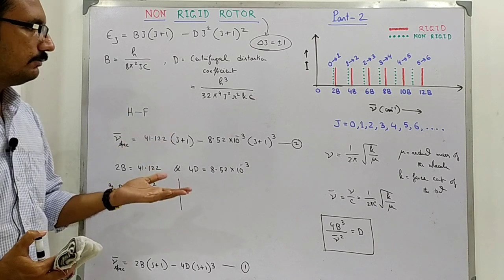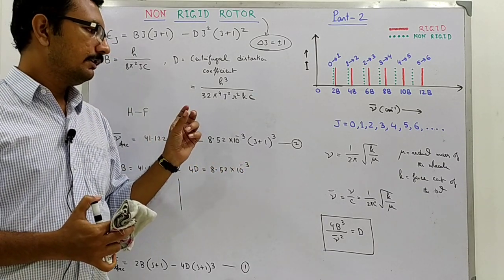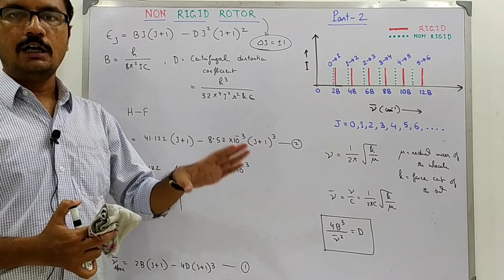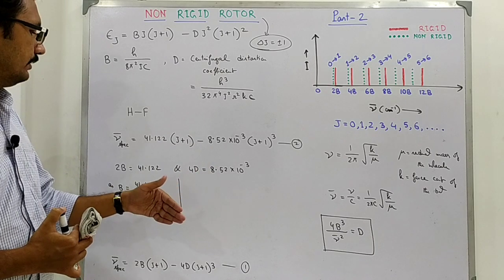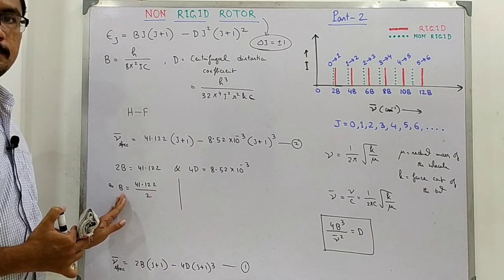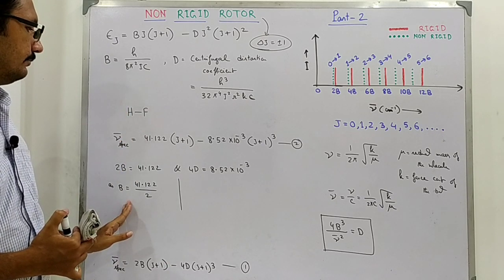Now, I have shown you in the video titled bond length of carbon monoxide how to get the bond length from the value of the rotational constant. Now, we have another similar problem.